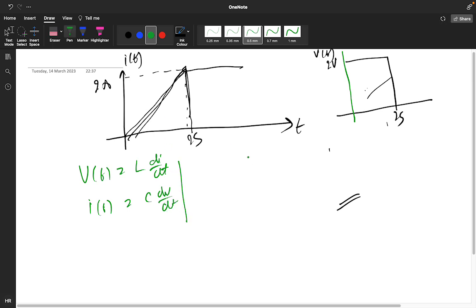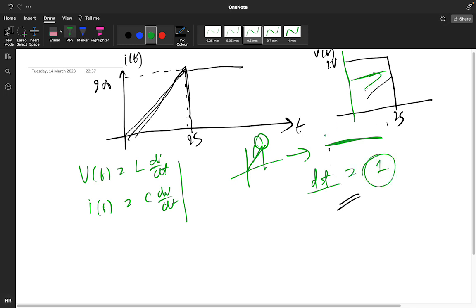So differentiation of a triangular pulse will give you a straight line. A triangular pulse has some slope, suppose the slope is 1, and if you differentiate it you will get a constant value. So this constant value is coming.